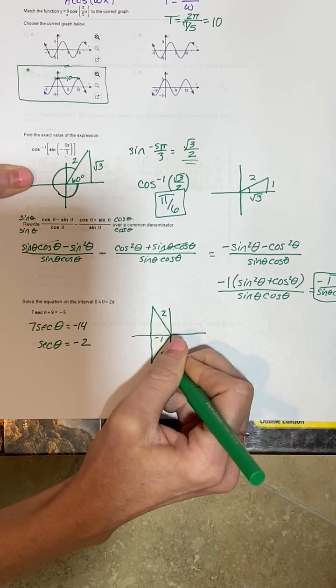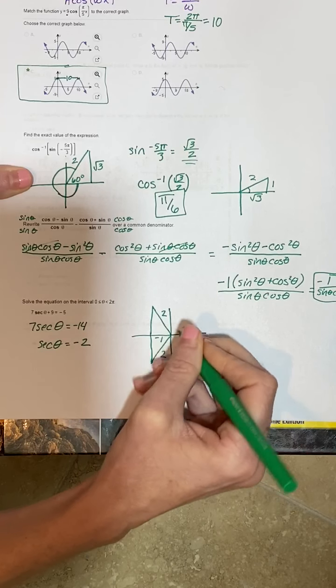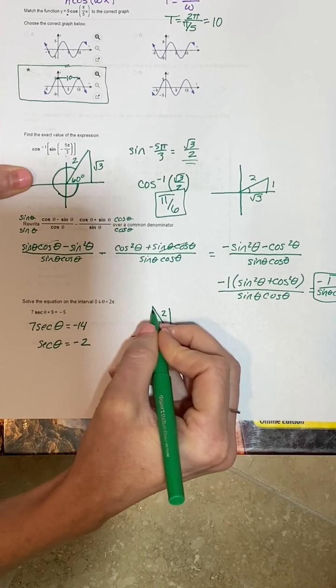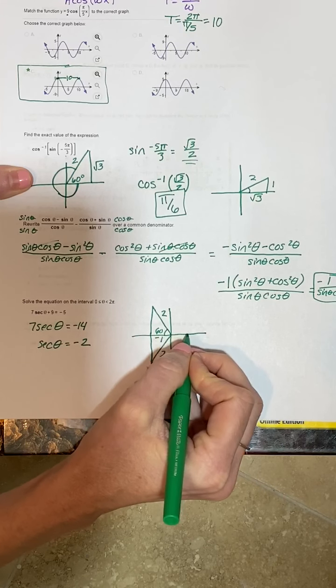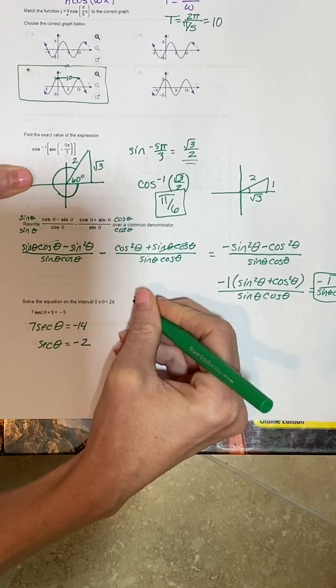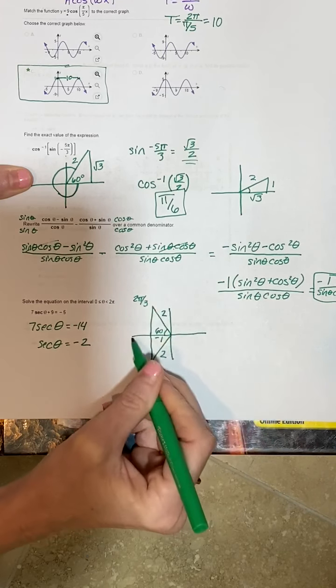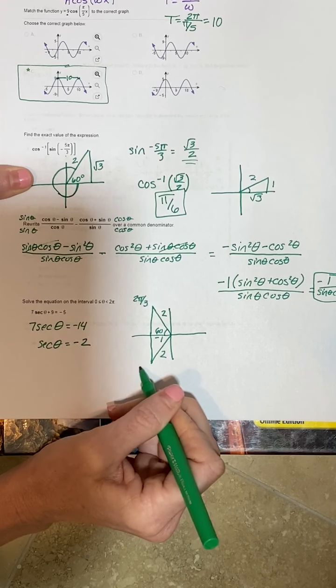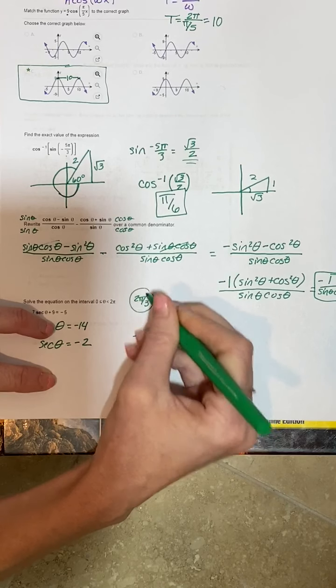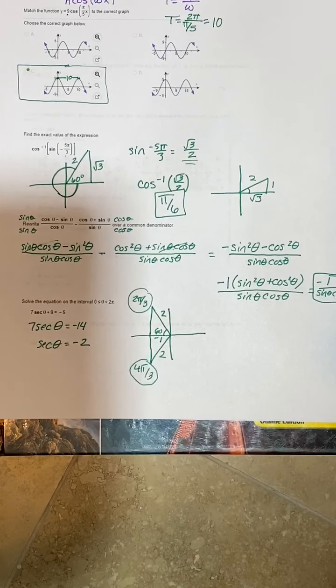Same thing here, 2 over negative 1. This is a 60-degree angle, or pi over 3, so we go 1 pi over 3, 2 pi over 3, 3 pi over 3, 4 pi over 3. So my two answers are 2 pi over 3 and 4 pi over 3.